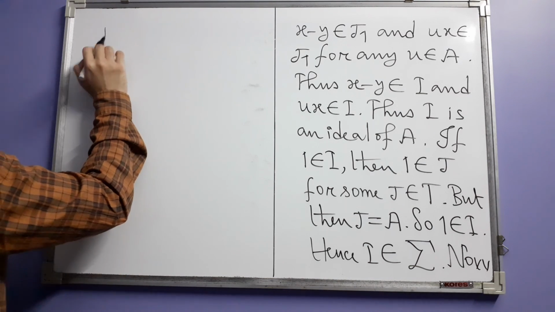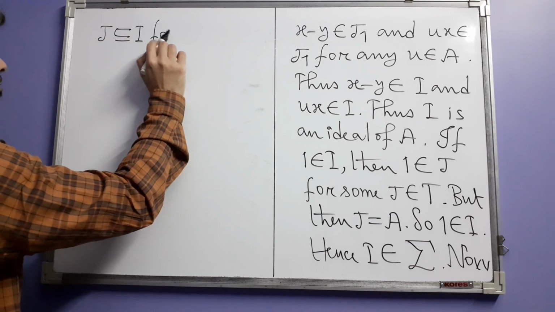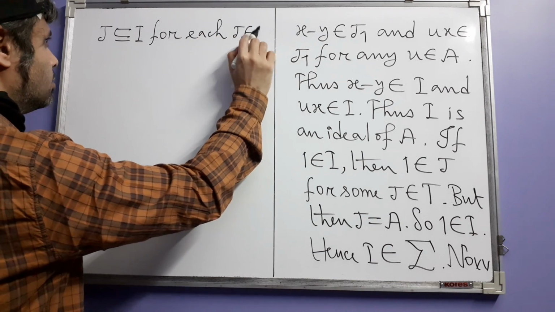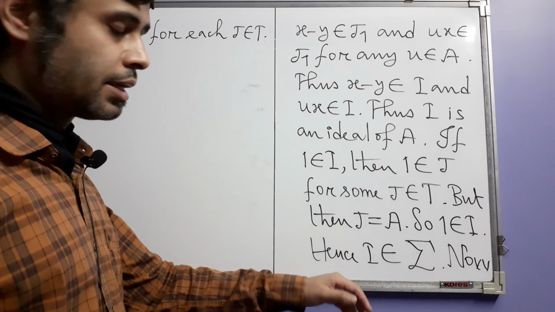I can write J is contained in I for each J in T. So what does that tell us?